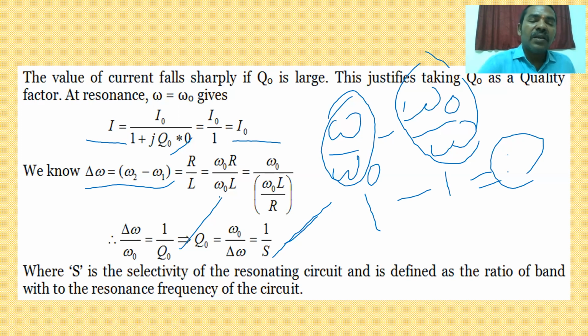That's why the selectivity property and the quality factor must be chosen with good quality only. So this is the relationship between bandwidth, resonating frequency, quality factor and selectivity.